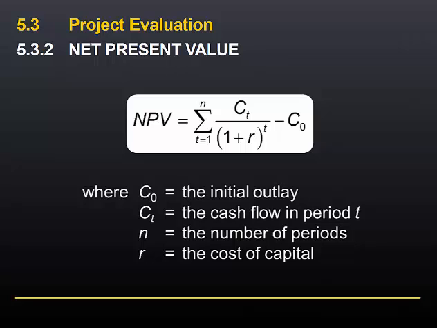This formula is using mathematical language to convey a concept, which is that the NPV of a project is the sum, where T takes on all values from 1 to N, of the cash flow in year T discounted to a present value minus the initial outlay. Often the only negative cash flow is the initial investment in the project, which occurs in year 0, so there is no need to discount the initial outlay, but we can and should discount all cash flows that occur in the future.